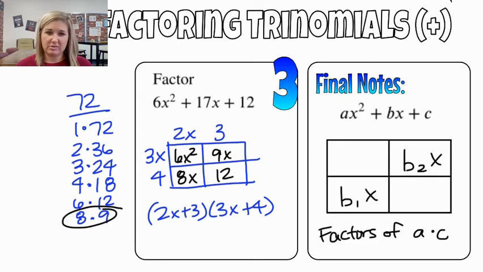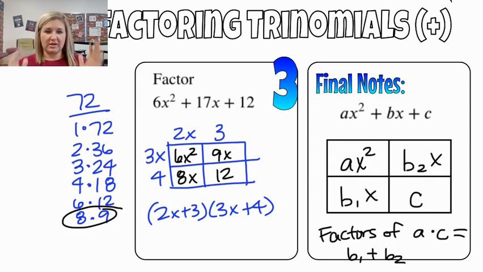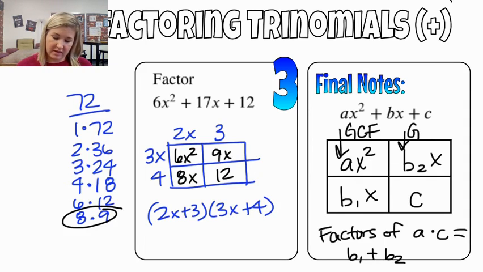Those are going to be your two factors, and B1 plus B2 is going to be equal to b. Those are going to be those two middle ones. And then you have Ax squared in the top left-hand corner, and C is in the bottom left-hand corner. Then you find greatest common factors all the way through. And so then that will give you your two factors.